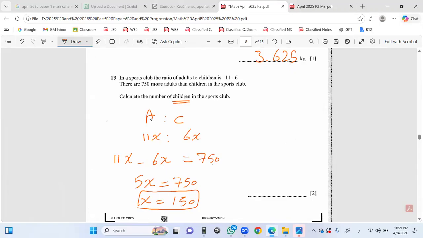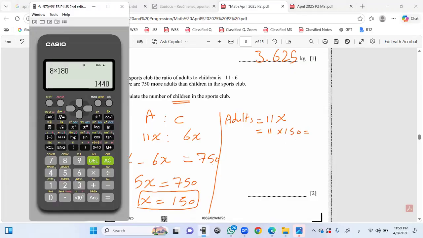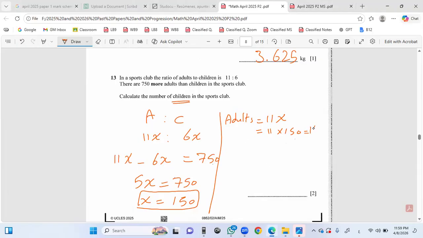Adults is 11x, which is 11 times 150, which is 1650. But we don't want the adults. We want the children. So children is equal to 6x. So it is 6 multiplied by 150, which is going to give you exactly 900 children.